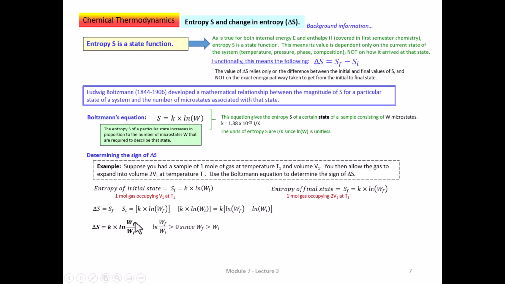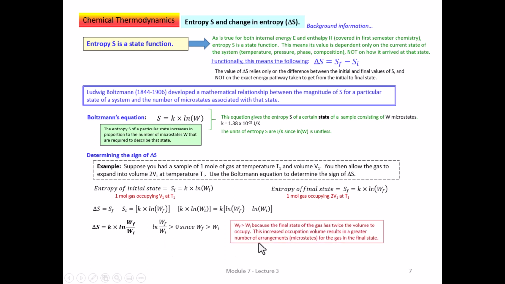Now ln of W final over W initial has to be greater than 0 since the number of microstates in the final state is greater than the number of microstates in the initial state. Well, why is that? Why is W final greater than W initial? Because the final state of the gas exists in twice the volume that it did before.